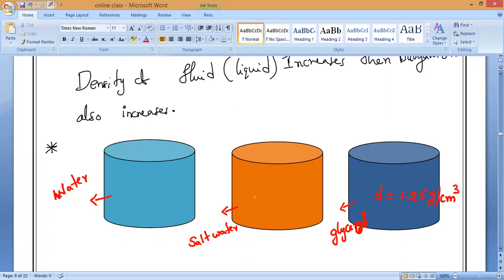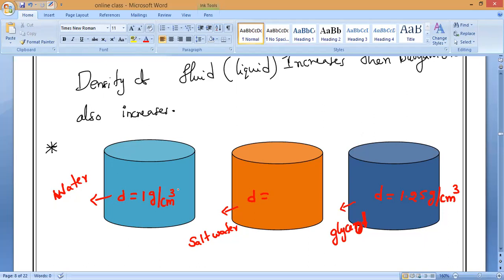Now, the density of salt water. First, the density of water is 1 gram per cubic centimeter.